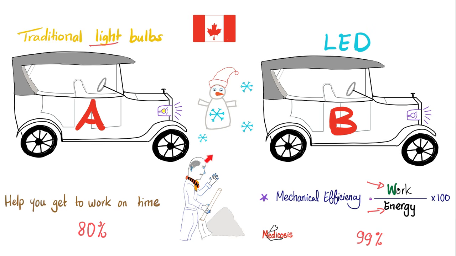Okay, so from the standpoint of a woke engineer who cares only about mechanical efficiency while living thousands of kilometers away, the second car is better. But from the standpoint of the Canadian driver who needs to get to work on time and needs those light bulbs to actually emit a lot of heat to melt the snow so that he can see better, so that other drivers can see him better to decrease the risks of accidents.